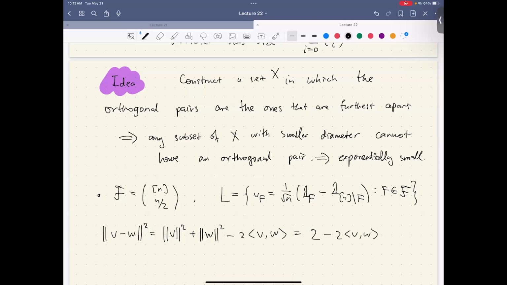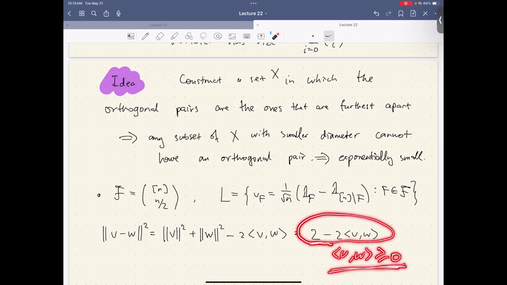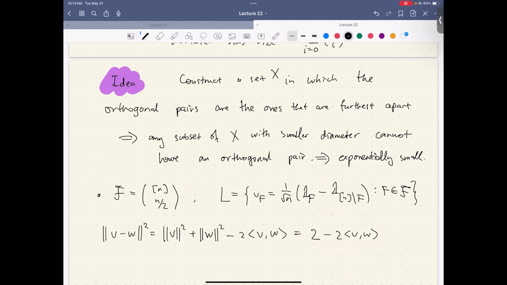This is almost good, except that the inner product of two points could be negative. If this is negative, we could go beyond 2. If somehow we know the inner product is always non-negative, this will be maximized when they are orthogonal, right?